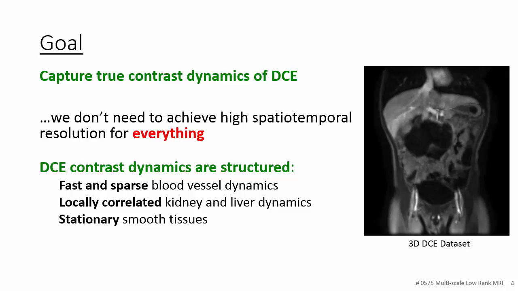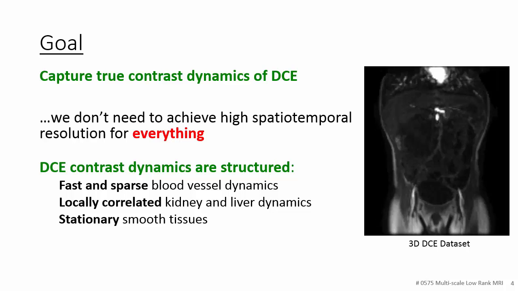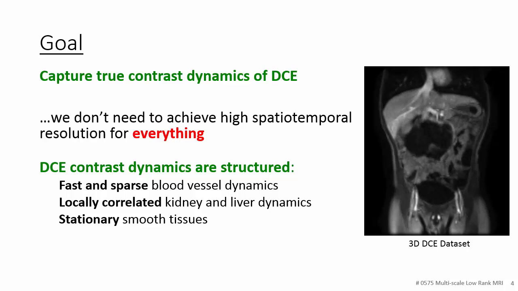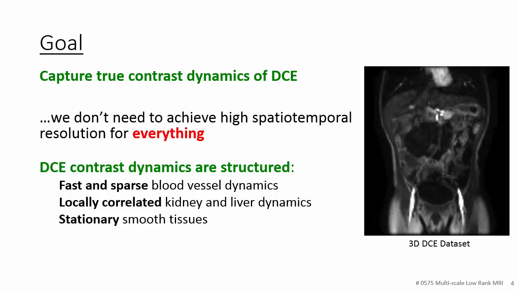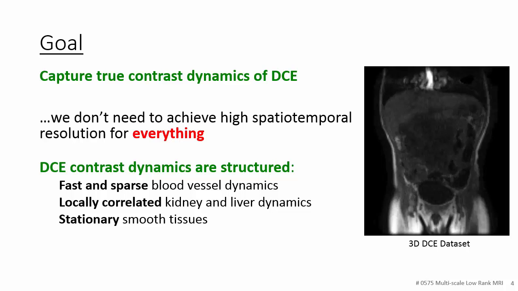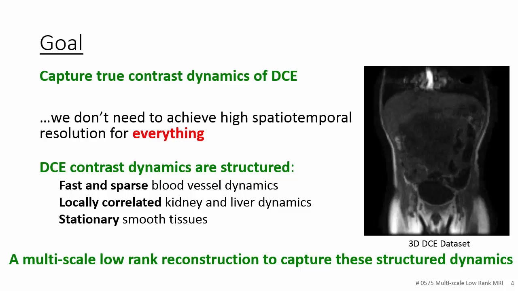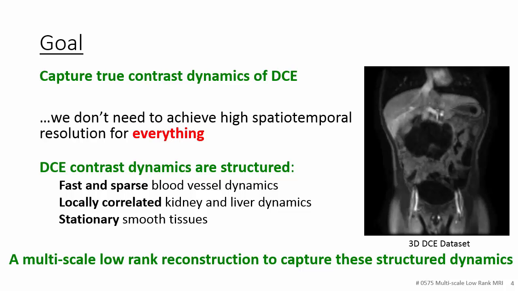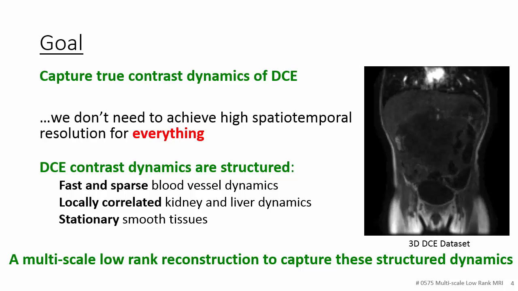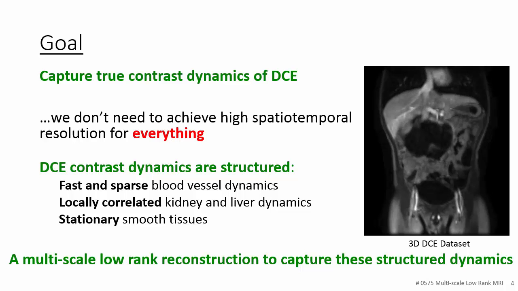We have these patient-dependent kidney and liver dynamics, but they're also locally correlated. And we also have these background tissues that are essentially stationary over the time course and don't require much temporal resolution. And so in the following of the talk, I'll be presenting a new multi-scale low-rank reconstruction method that allows us to capture all these kinds of different structured dynamics, thereby providing us a better and more accurate reconstruction result.